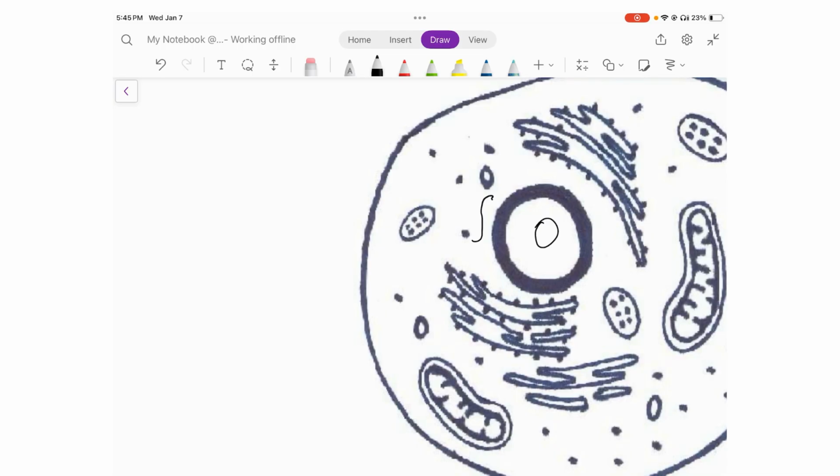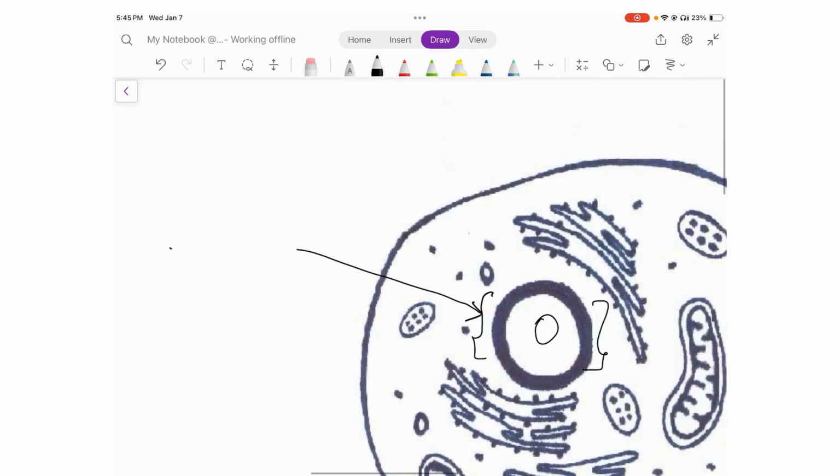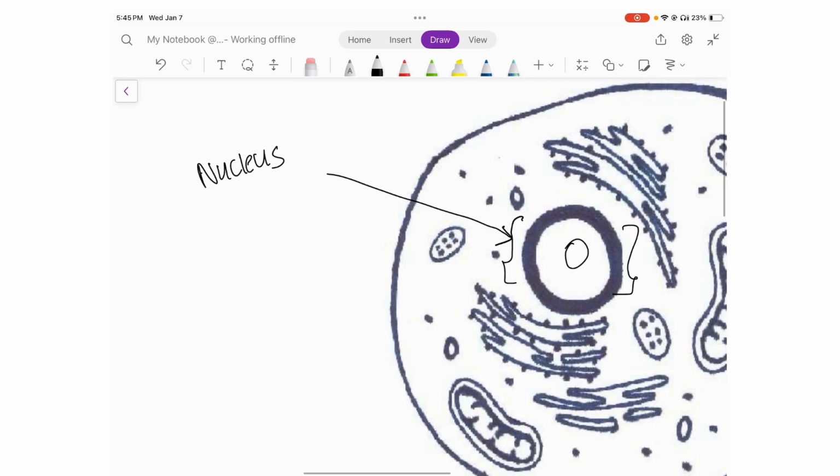This structure right here, this is a nucleus. What the nucleus does is it's basically the cell's control system. It contains genetic material in the form of DNA.